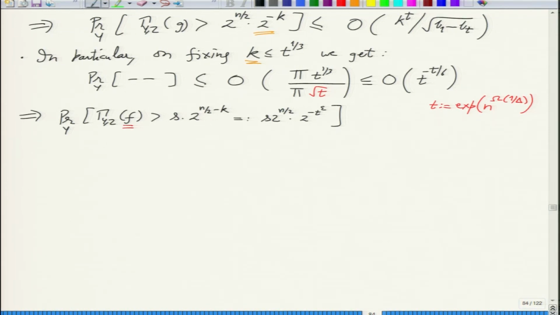So the probability that the measure of the final polynomial f, the multilinear depth delta circuit, that measure is larger than this.